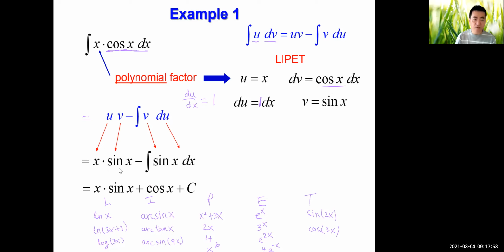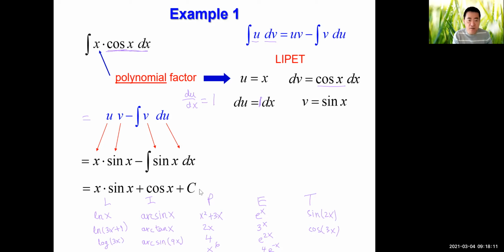And then from here, that is x sine x minus the integral of sine x dx. So you only need to integrate the sine x, which is negative cosine. So your answer is x sine x plus cosine x plus c.